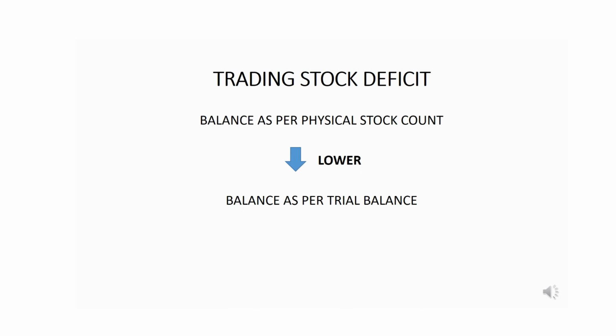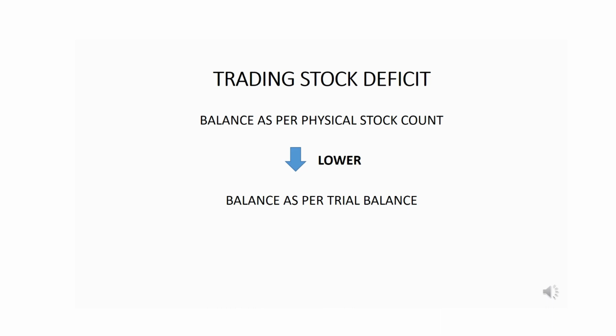Now, let us look at trading stock deficit. With trading stock deficit, you are referring to an expense account. We are still talking about a continuous or perpetual inventory system. So, how do we determine trading stock deficit?